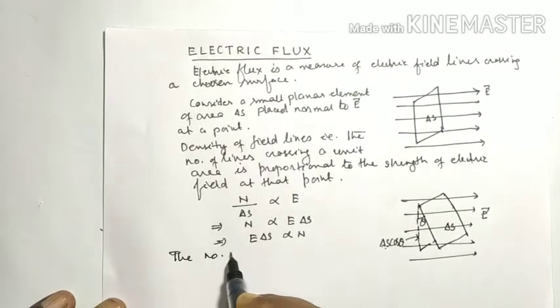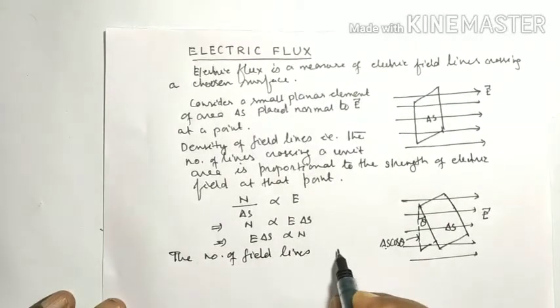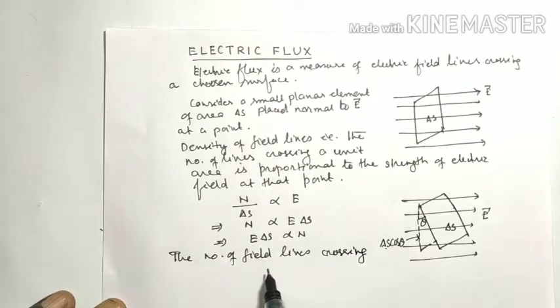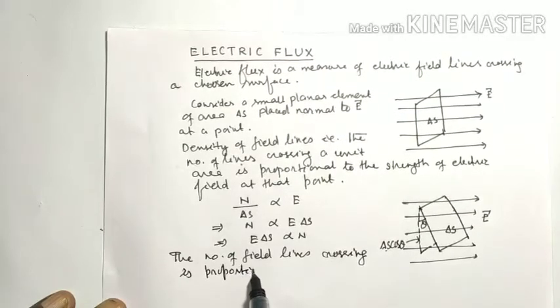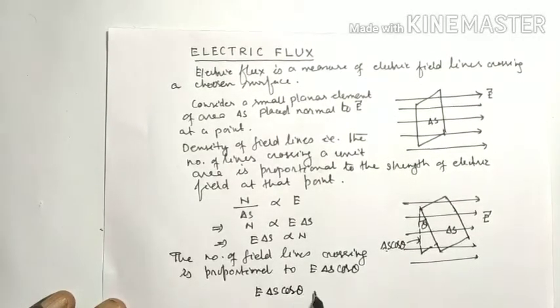The number of field lines crossing is proportional to E delta S cos theta. E delta S cos theta is proportional to n.